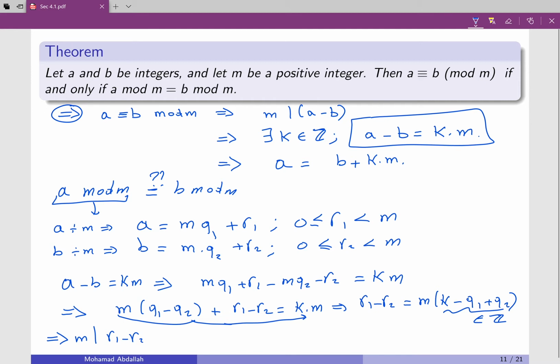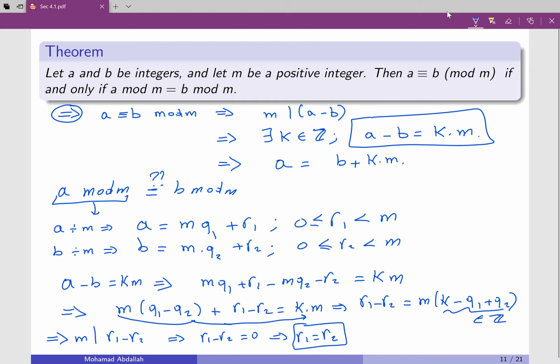R1 is less than M, R2 is less than M, and both of them are between 0 and M. If I take the difference, that's not going to be bigger than M. So which number can M divide that is smaller than M? Well, the only possibility in this case would be 0. Any number divides 0. So then R1 minus R2 must be equal to 0, which means R1 has to equal R2.